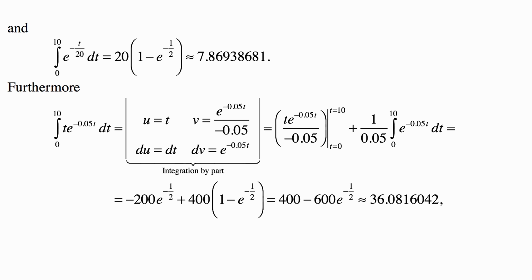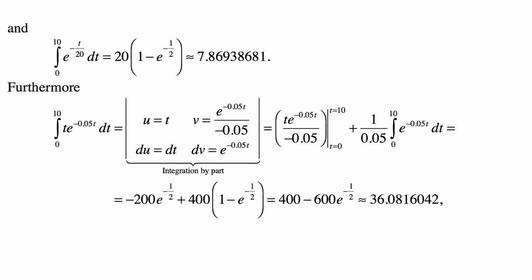Also, for the integral from 0 to 10 of t e to the minus 0.05 t dt, we do integration by parts. As I said, we had a differential of e to the minus 0.05 t over negative 0.05. So we take u to be t and dv to be e to the minus 0.05 t.